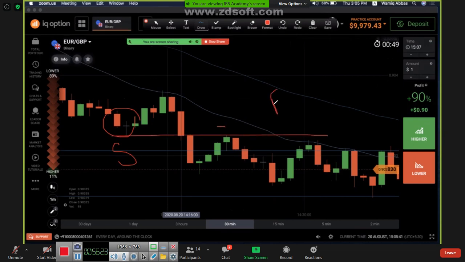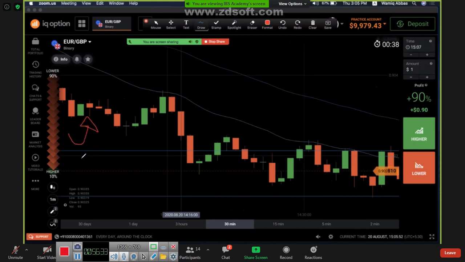This is a property of support and resistance. If the price is above or inside that level, this will be acting like a support. If the price is below that level or outside that level, it will be acting like a resistance, be that a normal SNR or your dynamic SNR or your trend line.